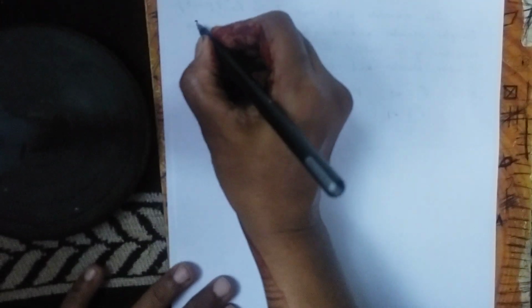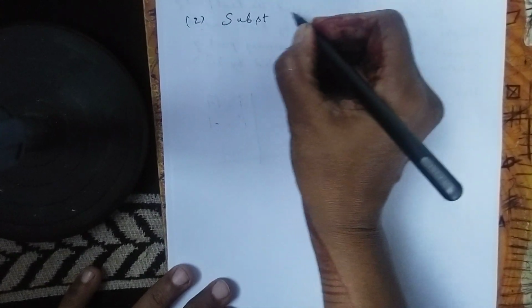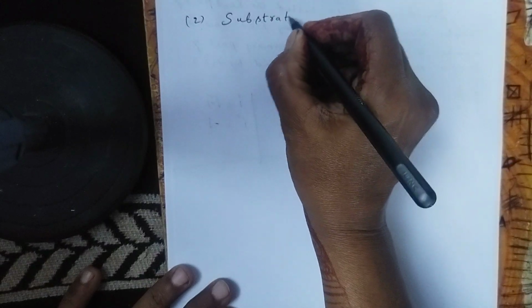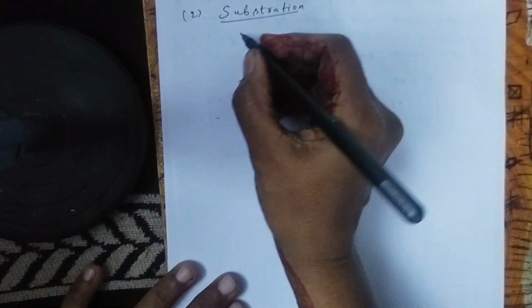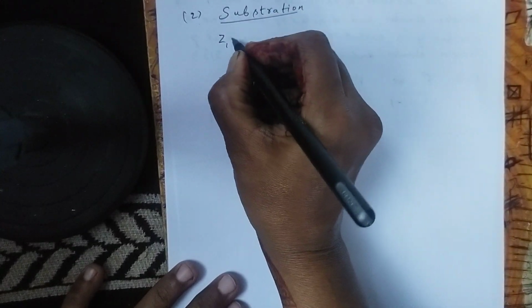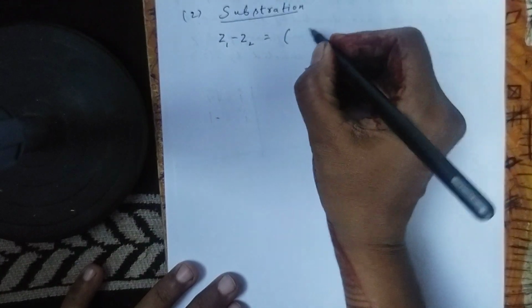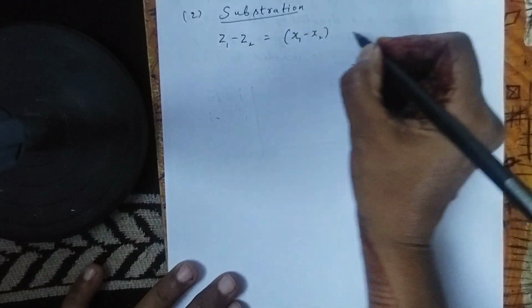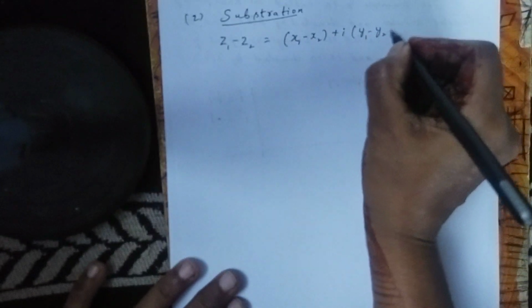Okay, second, subtraction. z1 - z2: here what you should do, just subtract the real parts, x1 - x2, and then i(y1 - y2).